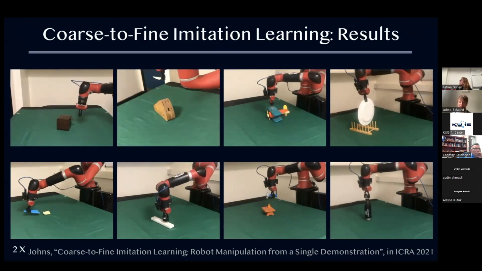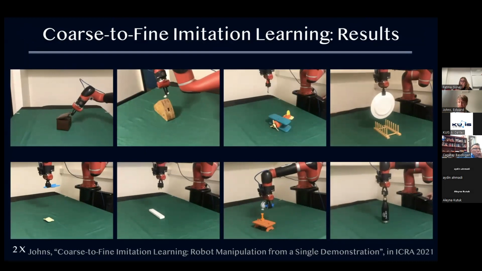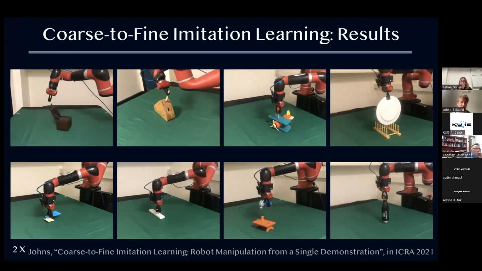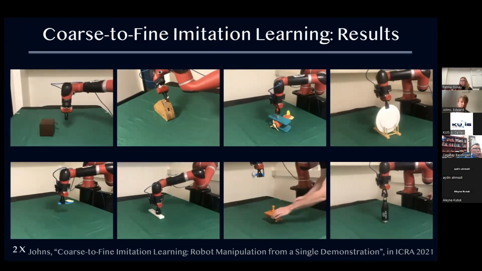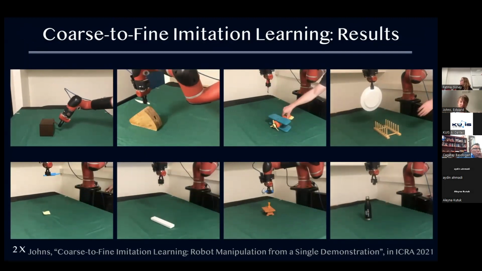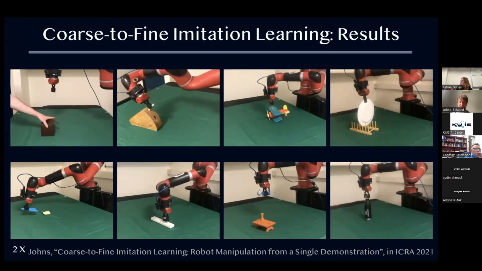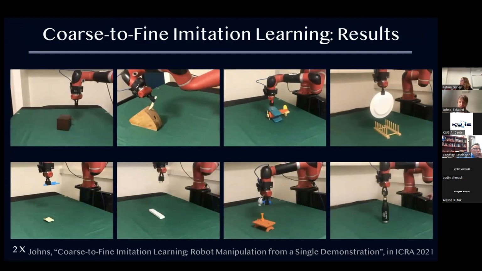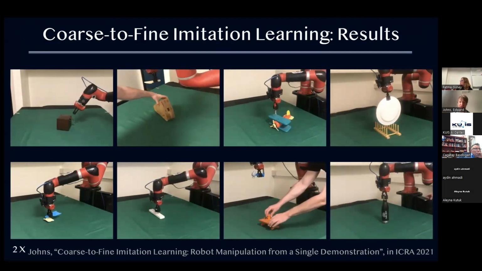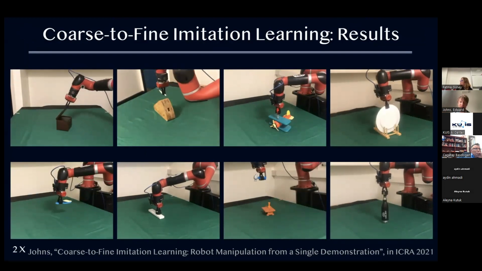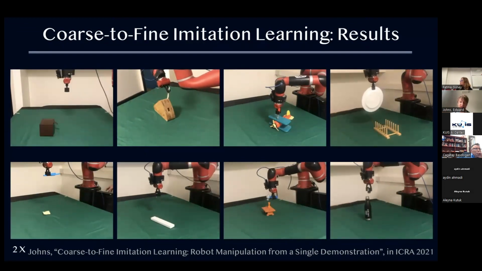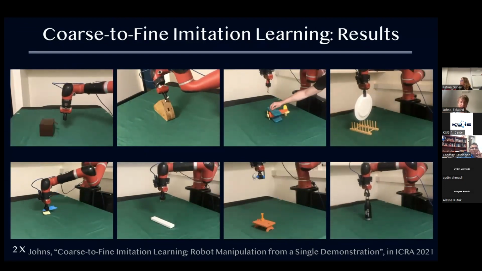And then the robot is able to go around and perform this task, even with those objects in novel configurations. So we've got this one algorithm, and all we need to do is provide a single demonstration, and the robot can then learn that task autonomously. We don't need to change that algorithm at all for each individual task. So it's a very general method, and we're able to use it across diverse, everyday real-world tasks like these.